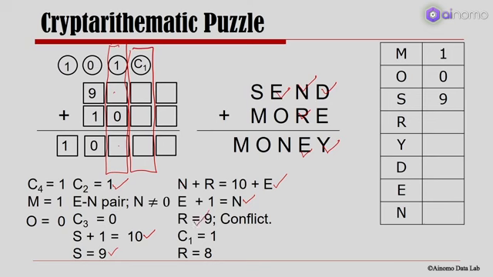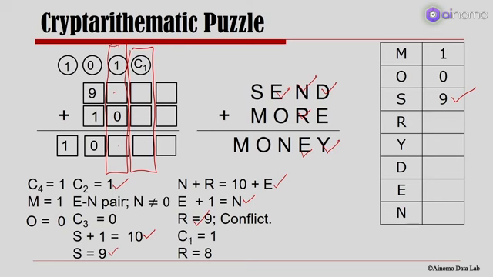9. But the moment I have R equal to 9, I realize that S is already 9, so there is a conflict. At that point of time, C1 comes to my rescue. So I say C1 is actually not 0 but 1.